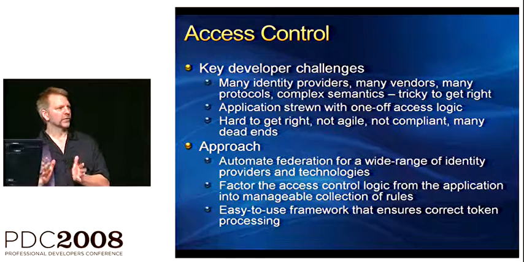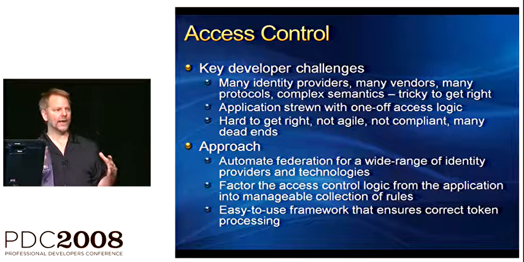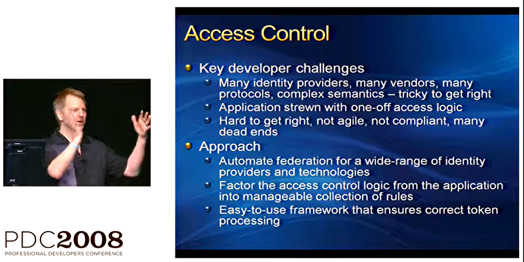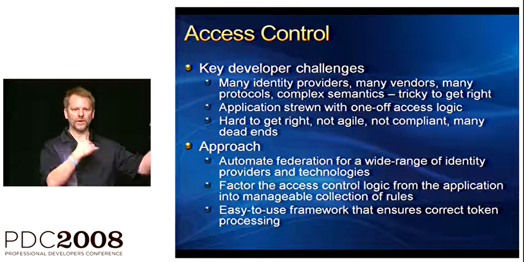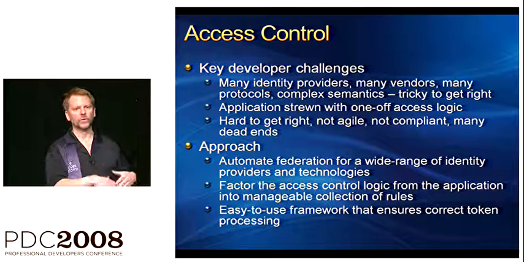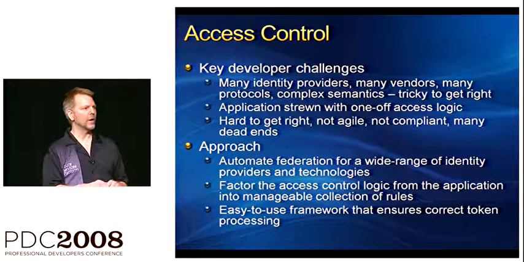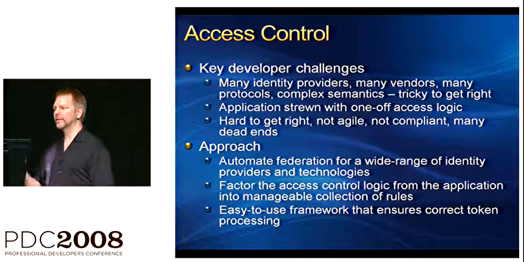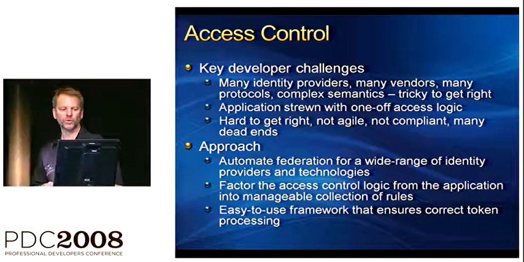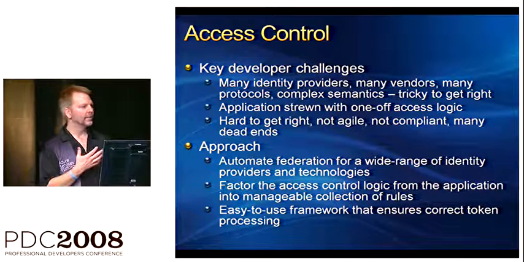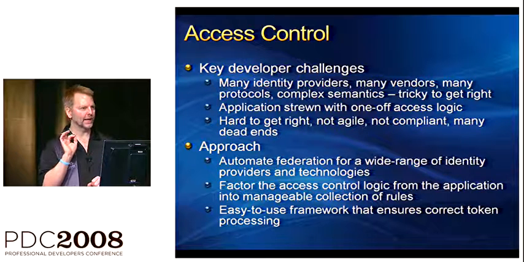What the access control service allows you to do is factor out that access control logic, put it into a centralized place where you can look at it, reason about the rules, understand what's being offered, and it gives you a lot of agility because now you can quickly change the rules and see it happen. That agility means that you're not going to get stuck.